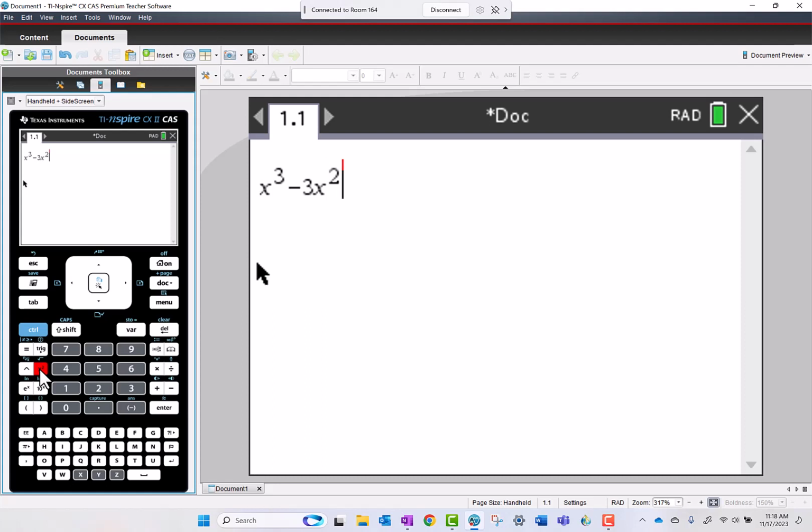Okay, so I'm going to store that as a function. See this little blue store button right above the VAR? I'm going to do Control VAR, and see how it puts a little arrow there for me? I'm going to store it, and why don't we just call it f of x, because that's what they called it. I'm going to call it f, and I have to do the (x), or it's not going to recognize it, and I have to use this x.